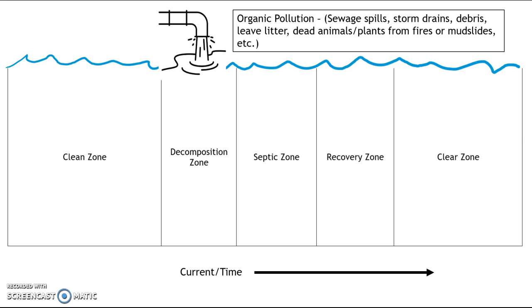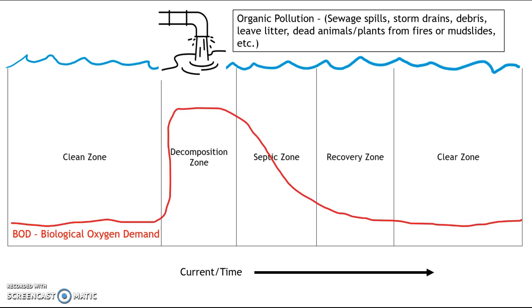It can also pick up things like dog feces or animal feces or goose droppings. Leaf litter, dead animals and plants from natural disasters like fires or mudslides, anything like that. Again, it has to be organic pollution, and organic means that it was once alive or came from a living thing.